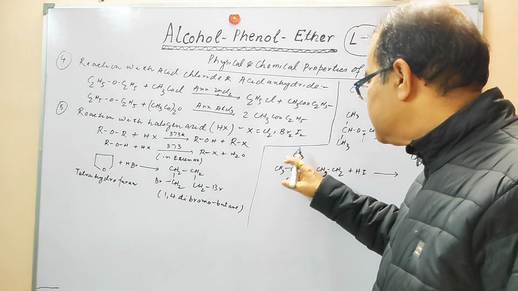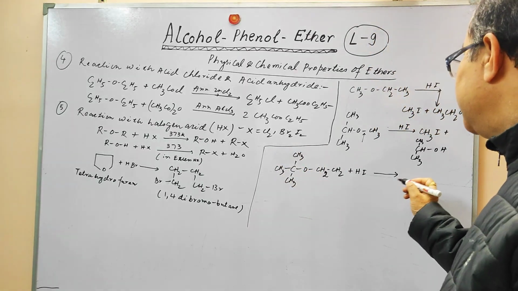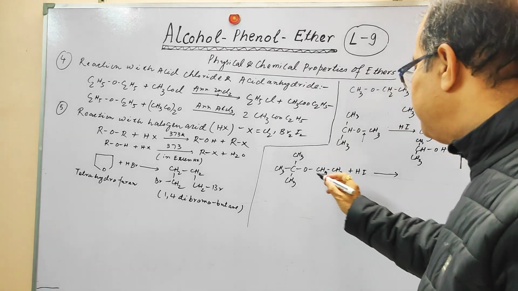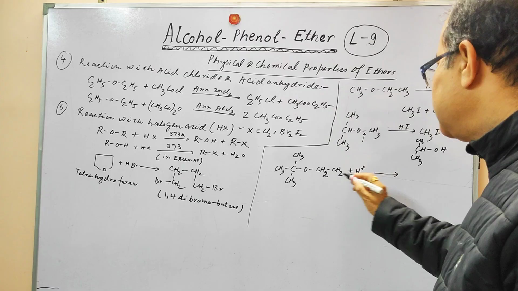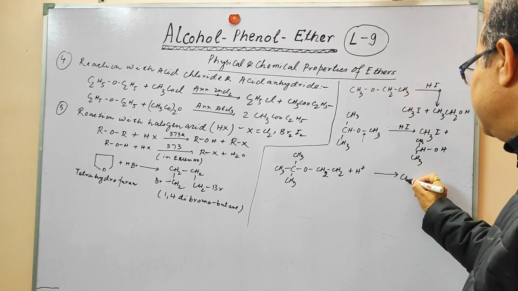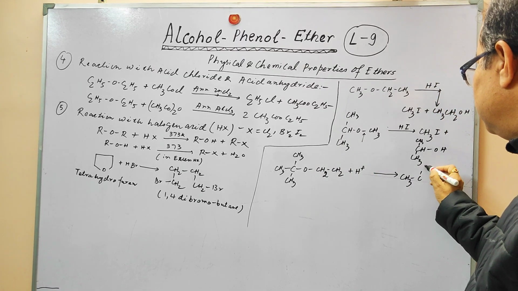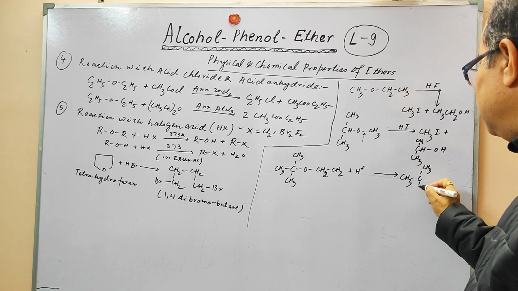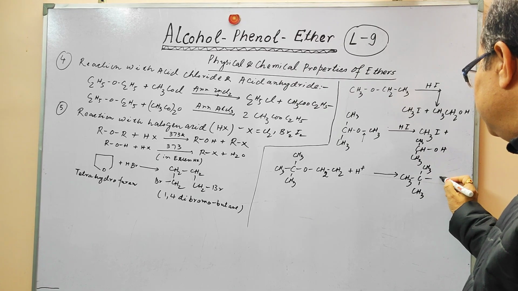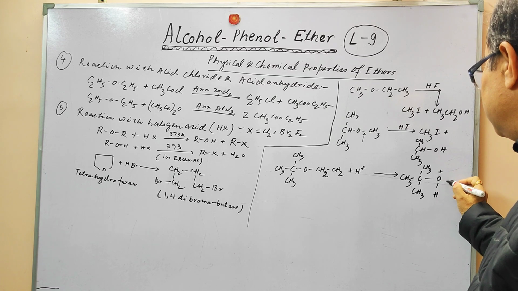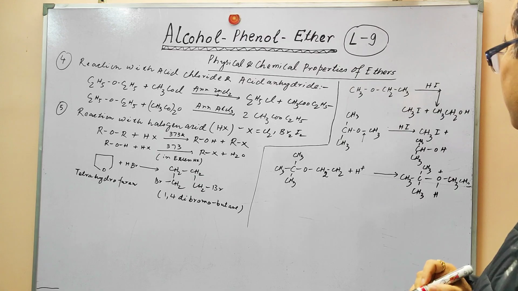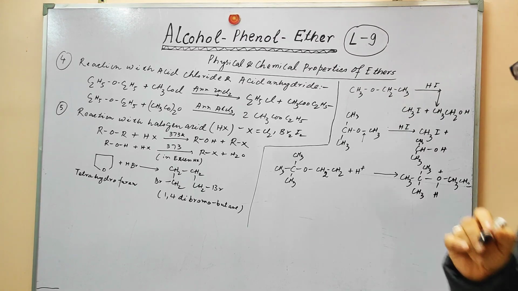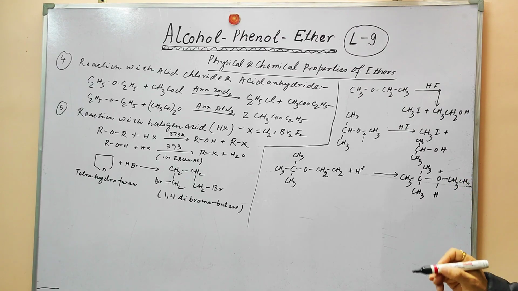When this reacts with HI, what is going to happen? First it will be protonated. So this H plus ion will attack there, and this will be protonated. When this is protonated, there are two options: this C-O bond will break or this C-O bond will break.